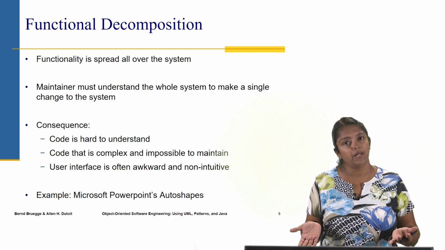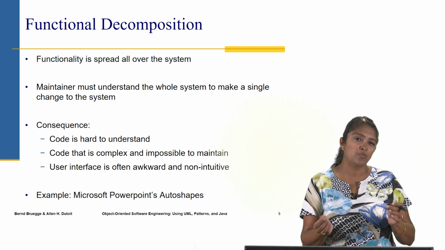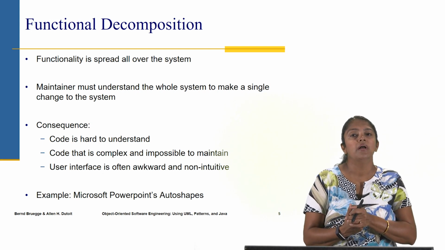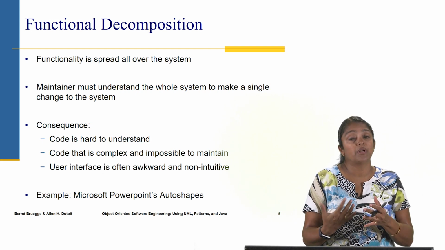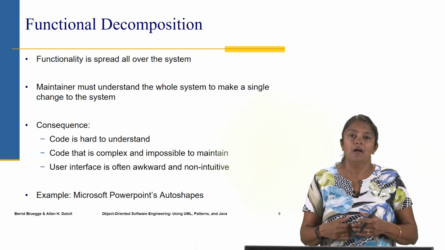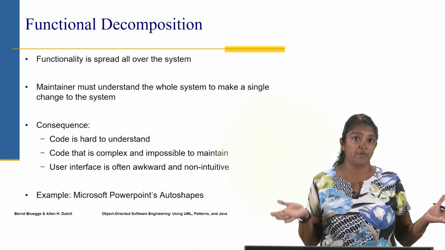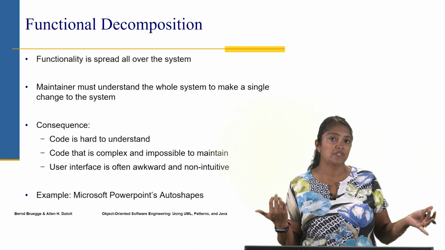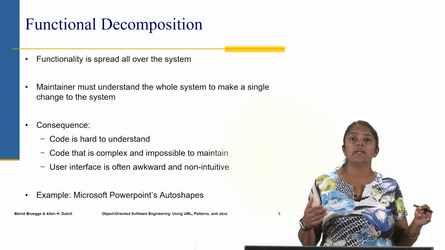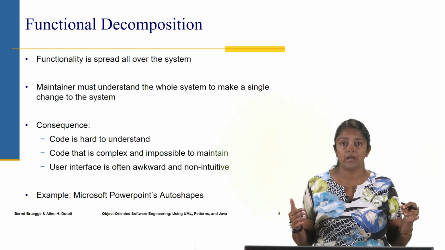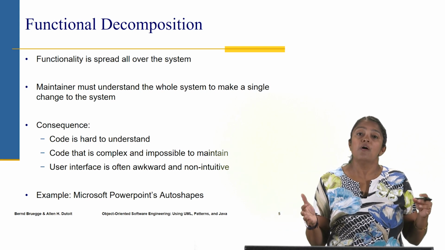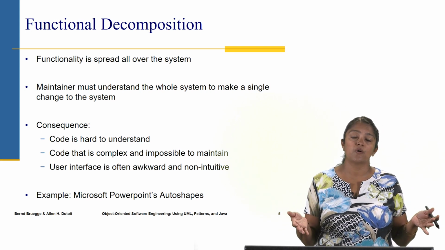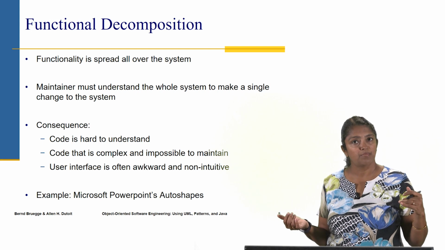Say the software already exists and then there is a problem with one particular kind of shape, and the programmer needs to update that. It's a huge software system. PowerPoint's AutoShapes in itself is huge, so being able to identify where that change needs to be made is not a trivial task.